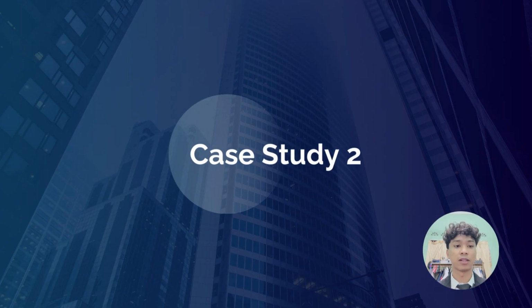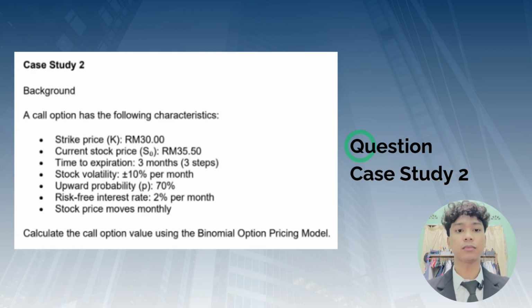And I will explain case study 2. From case study 2, the question is: a call option has the following characteristics. The strike price or exercise price K is RM30. The current stock price S0 is RM35.5.